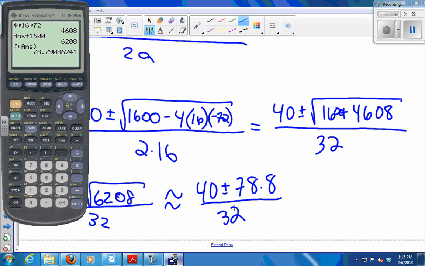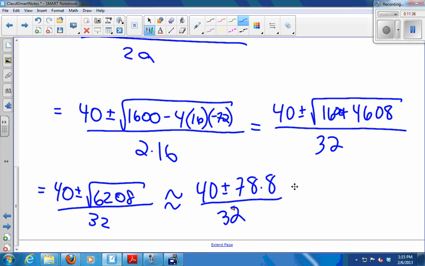All right, so let's see, plus or minus, we'll do the plus first. 40 plus 78.8 over 32 is 3.7125 seconds. And if I do the minus, I'm going to end up with a negative, because 40 minus 78 is going to be a negative number over 32 is still negative.